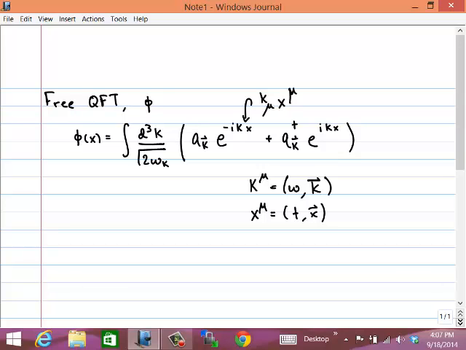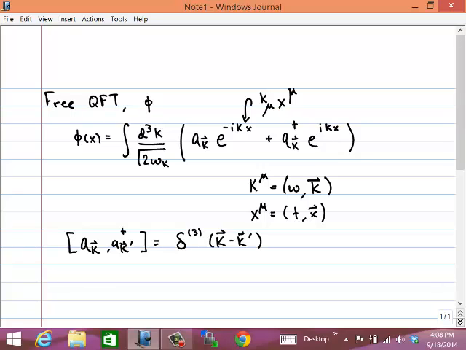And we showed last time that the a_k's and a_k daggers obey the standard commutation relations of a set of harmonic oscillators. They commute if the indices k and k prime are not equal, and their commutator is equal to a delta function when the two indices become equal.